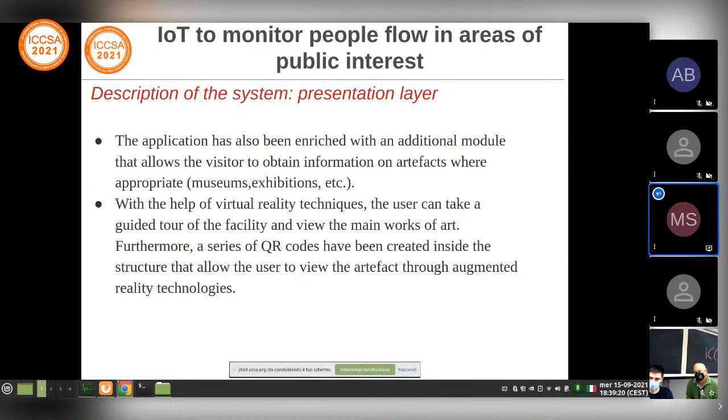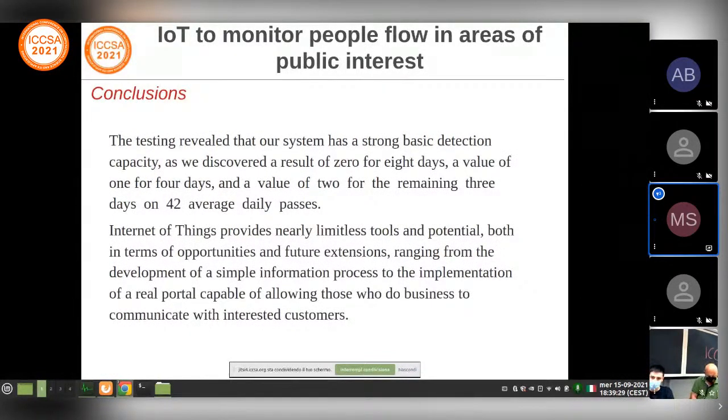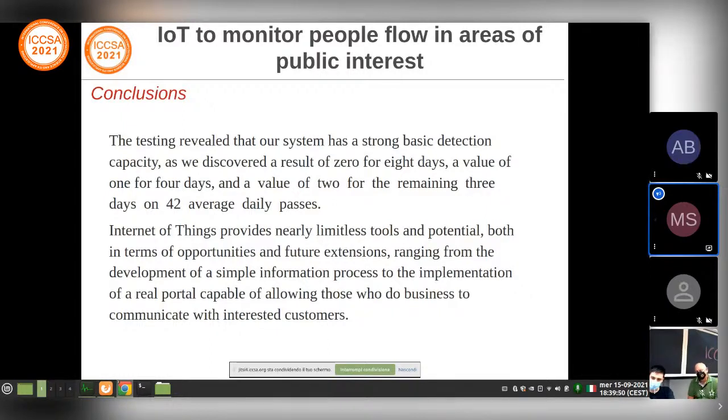On 42 average daily passes, we detected a result of 0 for 8 days, a value of 1 for 4 days, and a value of 2 for the remaining 3 days. That seems to indicate to us that our system has a high basic detection capacity.